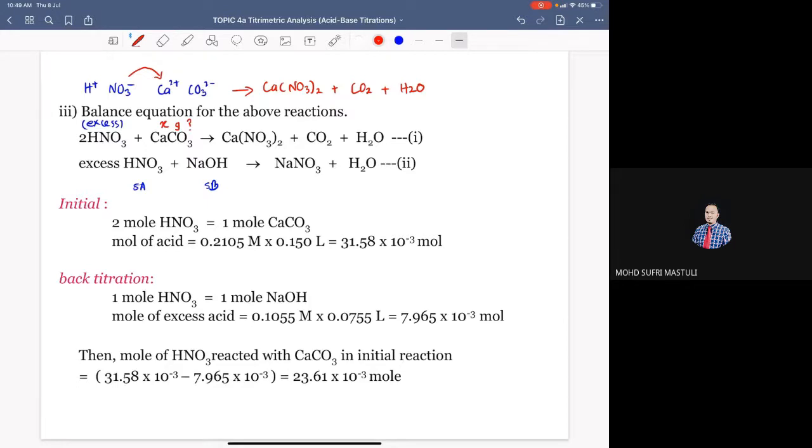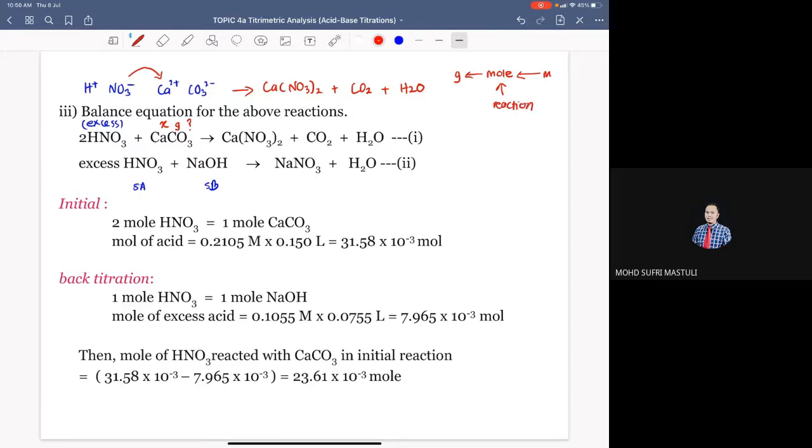So in order to know gram, you should know mole. You can get mole either from molarity or from reaction.